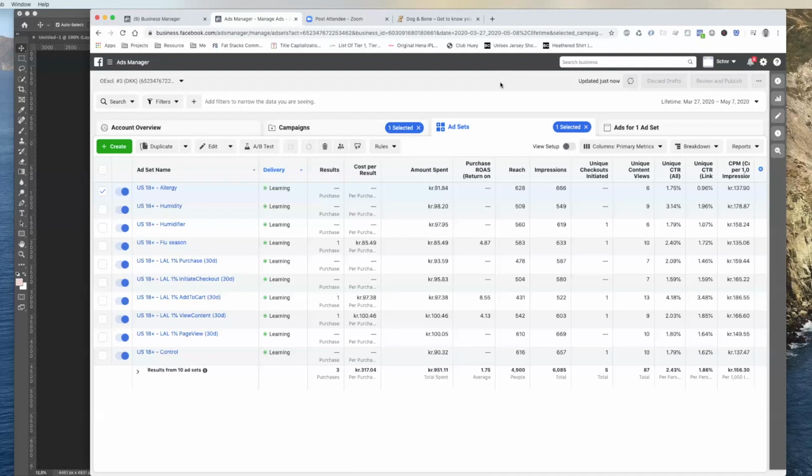We have submitted all the verification, so we're just waiting for Facebook to approve it. It's been almost 3 weeks now, so I think they're a bit backed up with that.